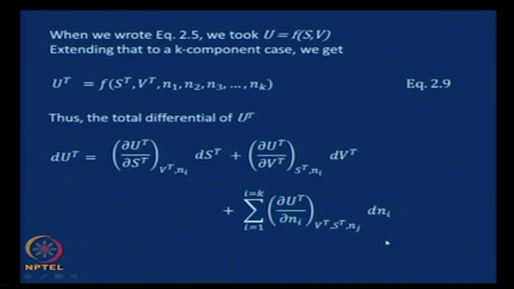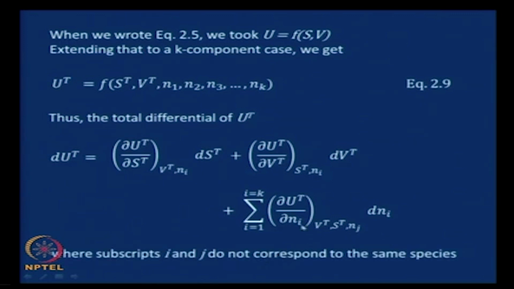dNi. Note that the subscripts i and j do not correspond to the same species. We are taking the partial differential with respect to one of the species when all the other species are held constant. This is a notation to indicate that, and this will be consistent. This will help us in developing a consistent notation for representing this kind of situation throughout the course.